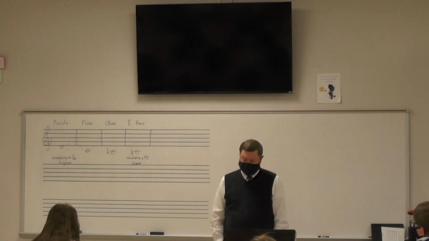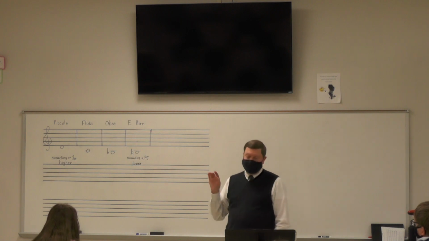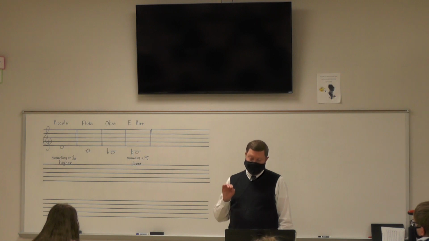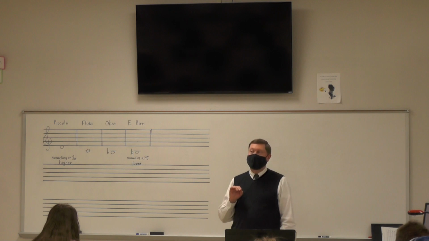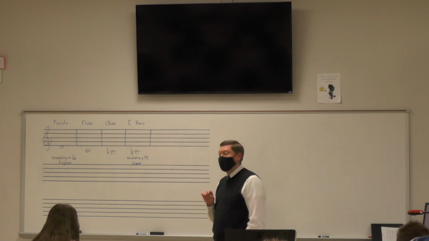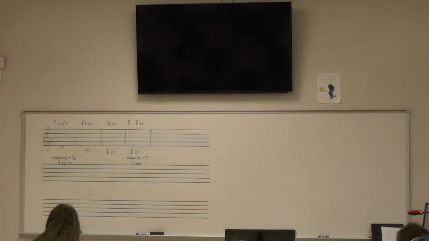So, with respect to the ranges of the various woodwind instruments, I want you all to be responsible to know the bottom limits. That is the lowest note possible that the instrument can physically produce. I'm not going to hold you responsible for knowing the upper limit, especially when it comes to piccolo, flute, things like that. The sky's the limit for some of those instruments.